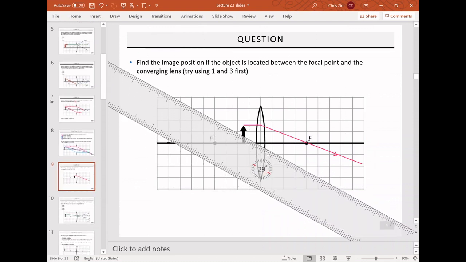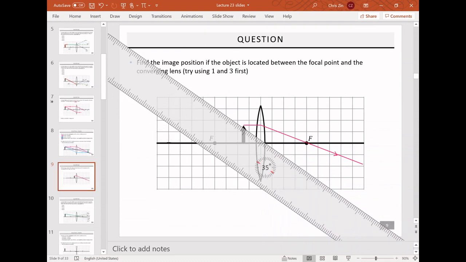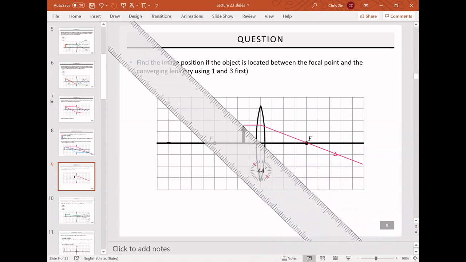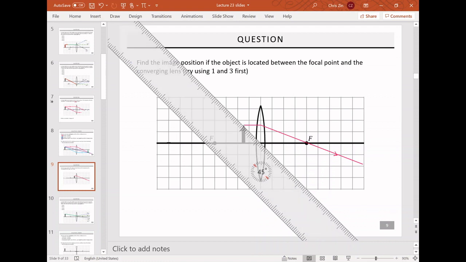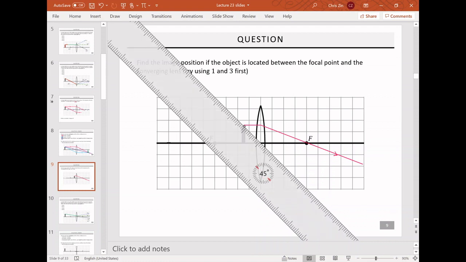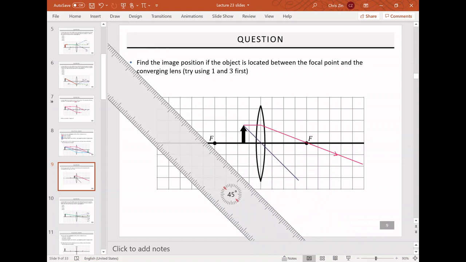The third easy to draw ray is as simple as it sounds. It starts at the top of the candle and it passes right through the center of the lens, and it doesn't refract at all. So that's the third easy to draw ray.